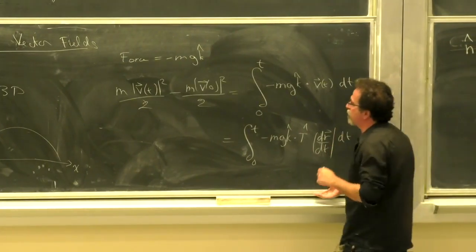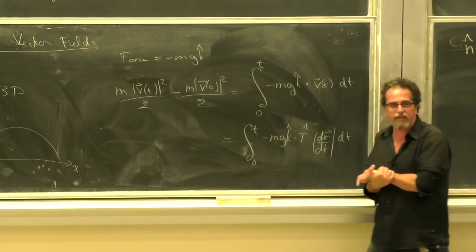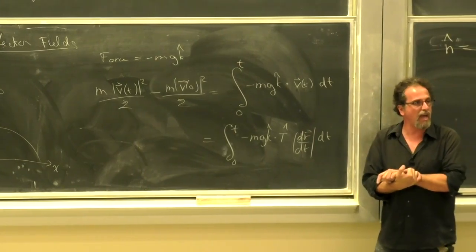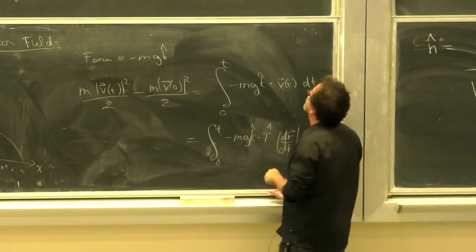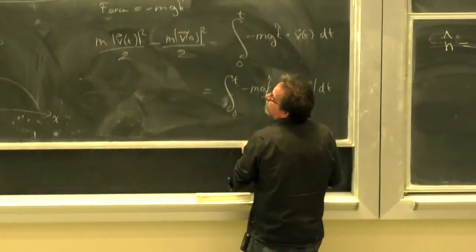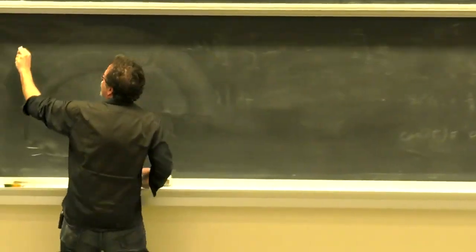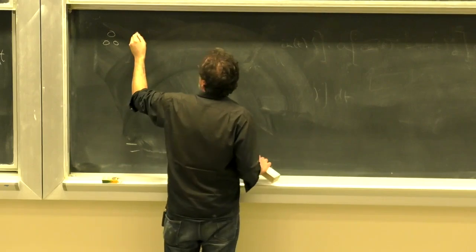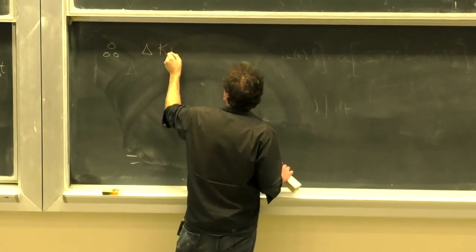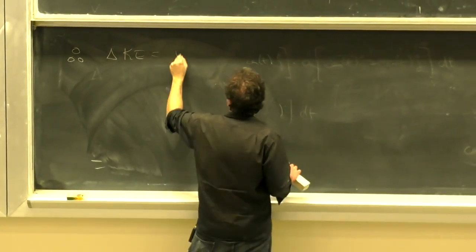And this is the line integral, right? We showed that this is the line integral of F dot T hat ds. So therefore, the change in the kinetic energy, which is the left-hand side, is equal to the work done.